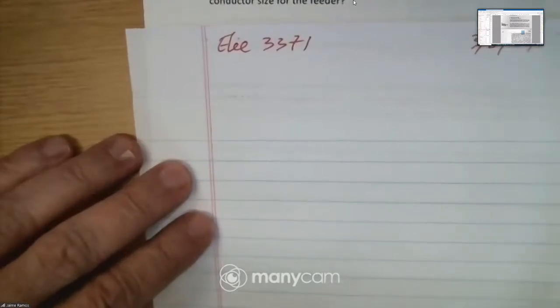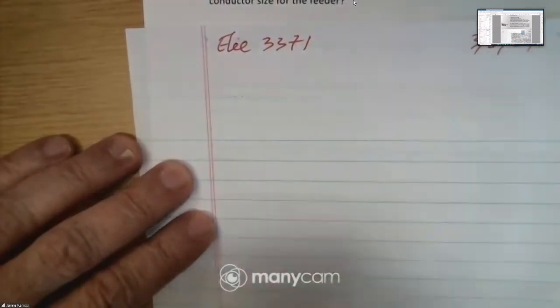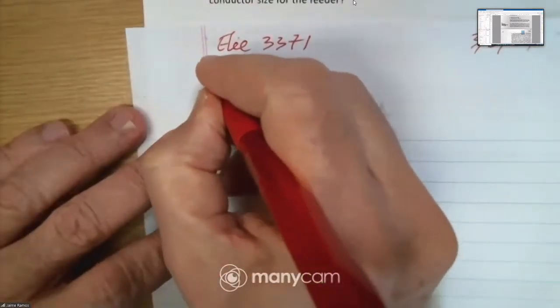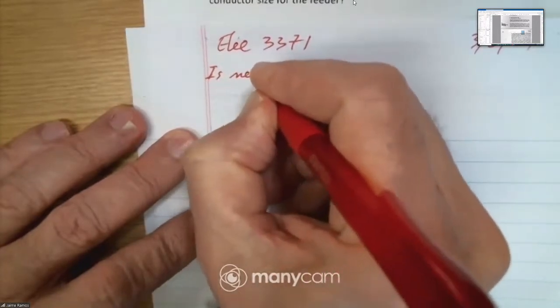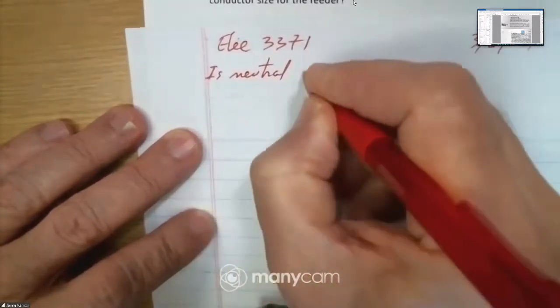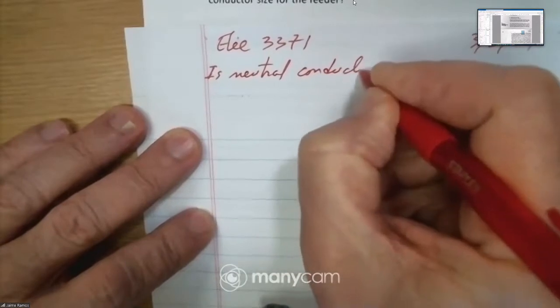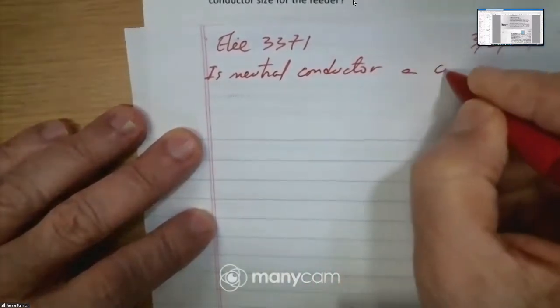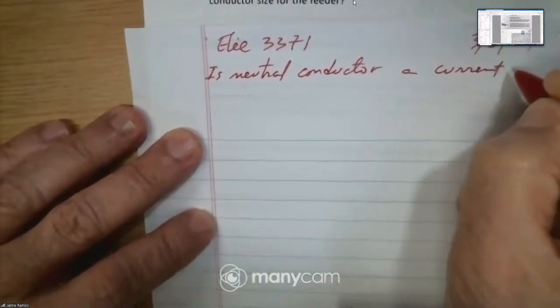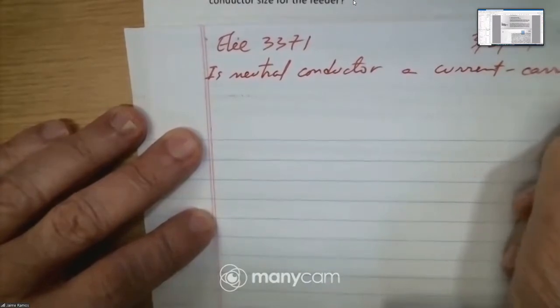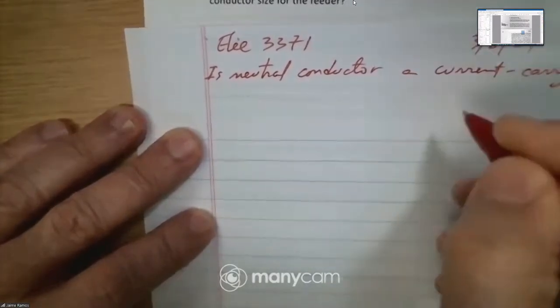So is the neutral conductor a current carrying conductor?